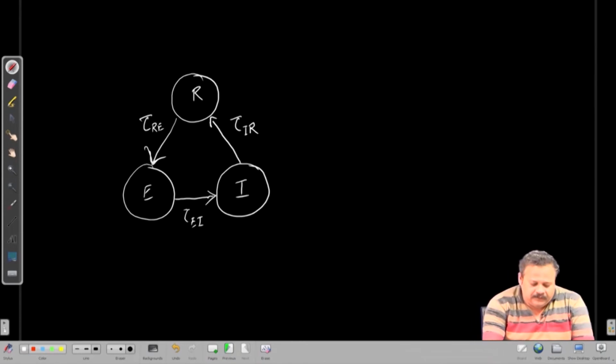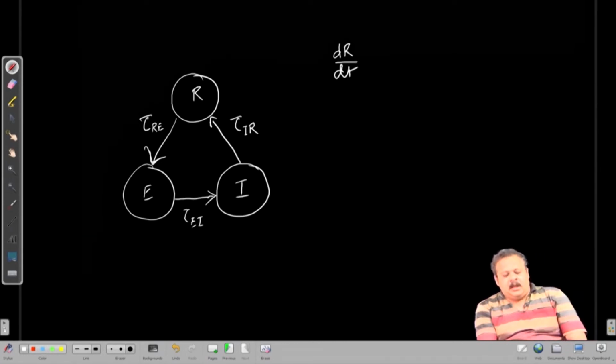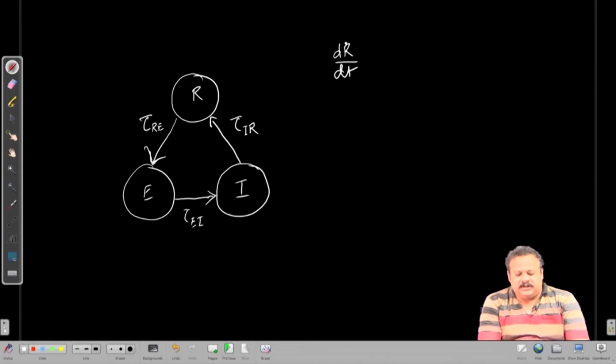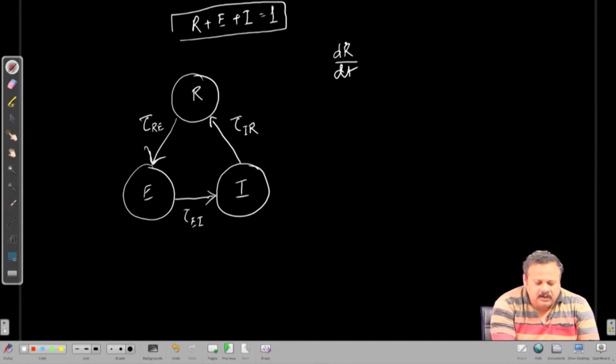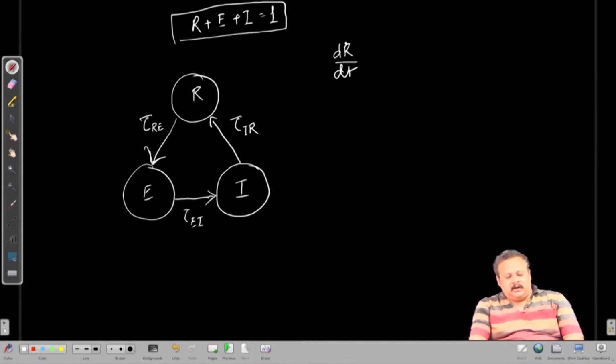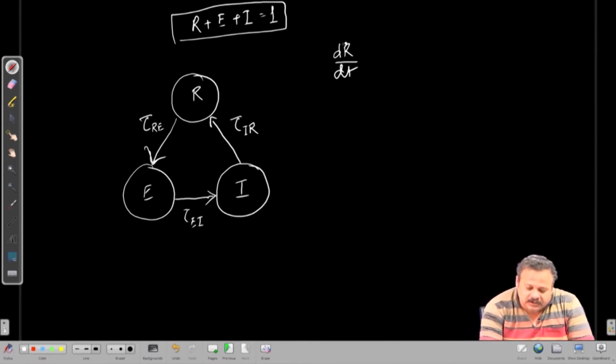Now, if we think of the way R is changing, that is dR/dt over time. If this is the concentration of R, so let us say normalized concentration, that is R plus E plus I is fixed to 1, that is the total concentration is 1 of the neurotransmitter, and R, E and I are basically the fractions, represented as normalized concentration.